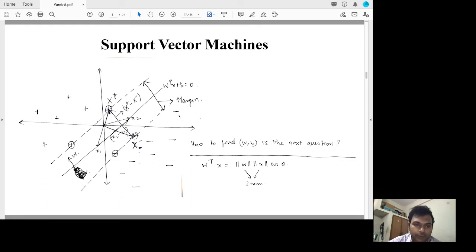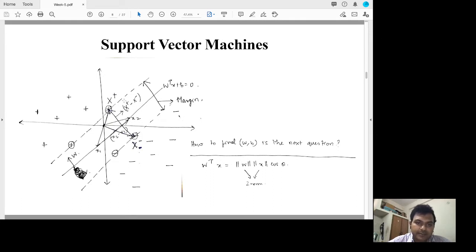You can see these big x plus and big x minus points that I have drawn. Are they visible? Yes. Okay, from the origin you draw a vector towards x plus and a vector towards x minus, and the vector joining x minus to x plus would be x plus minus x minus, which I have drawn here.